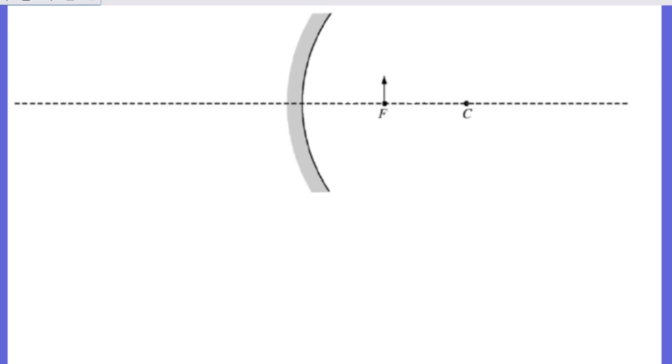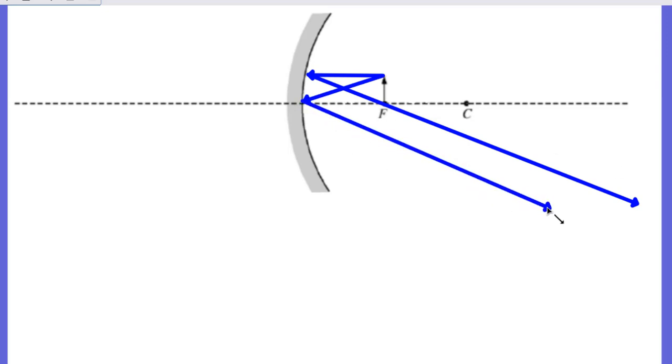Let's take a look at when we're at the focal point. At the focal point, my first rule is we're going to draw a ray that goes straight through, parallel to the mirror, and then it's going to reflect through the focal point. Okay? And then the next line is going to go straight through at the center, and then it's going to reflect at the exact same angle.